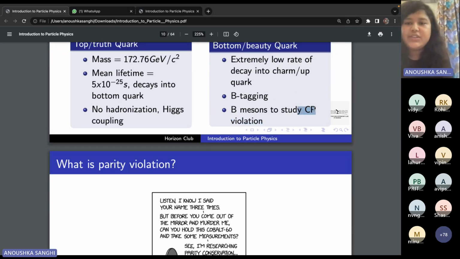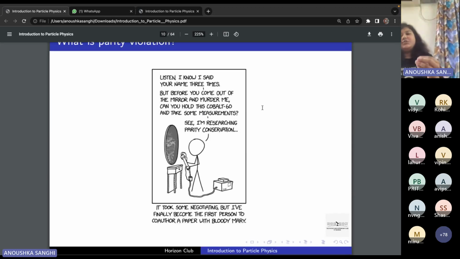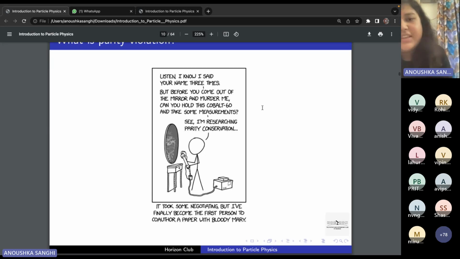What is CP violation? CP is charge parity, and we'll be studying it again now in some of the slides. When there is a matter and antimatter asymmetry, then we call it CP violation.